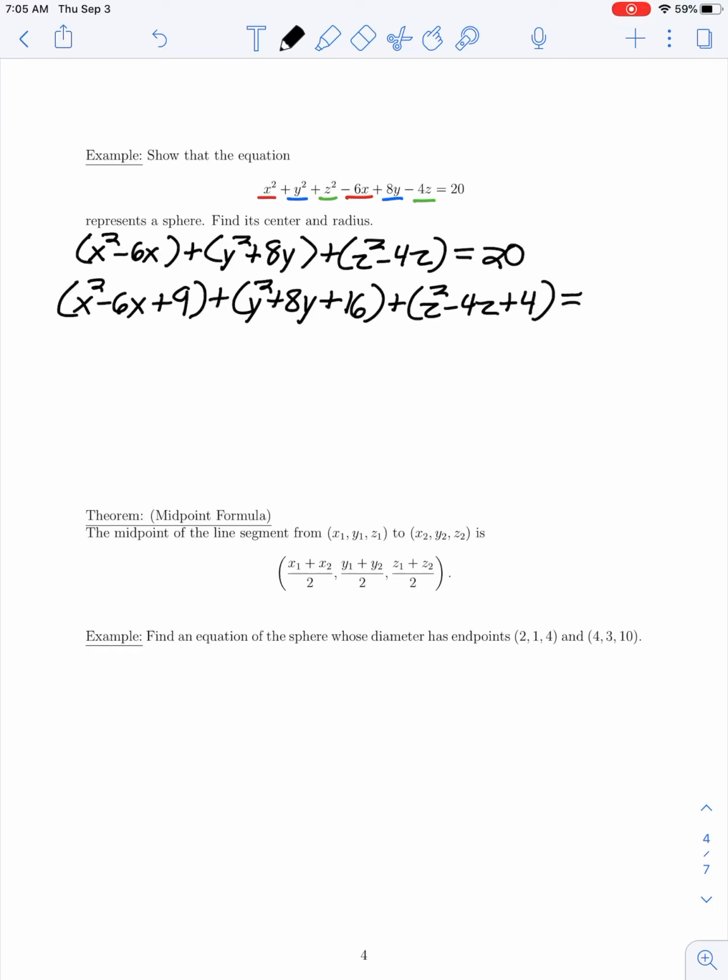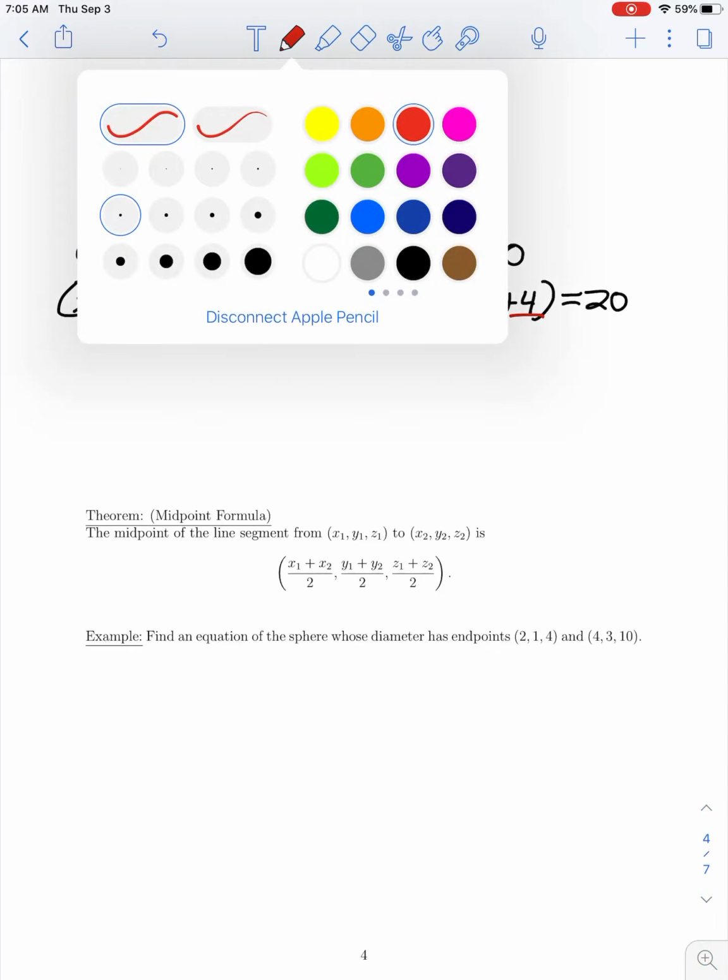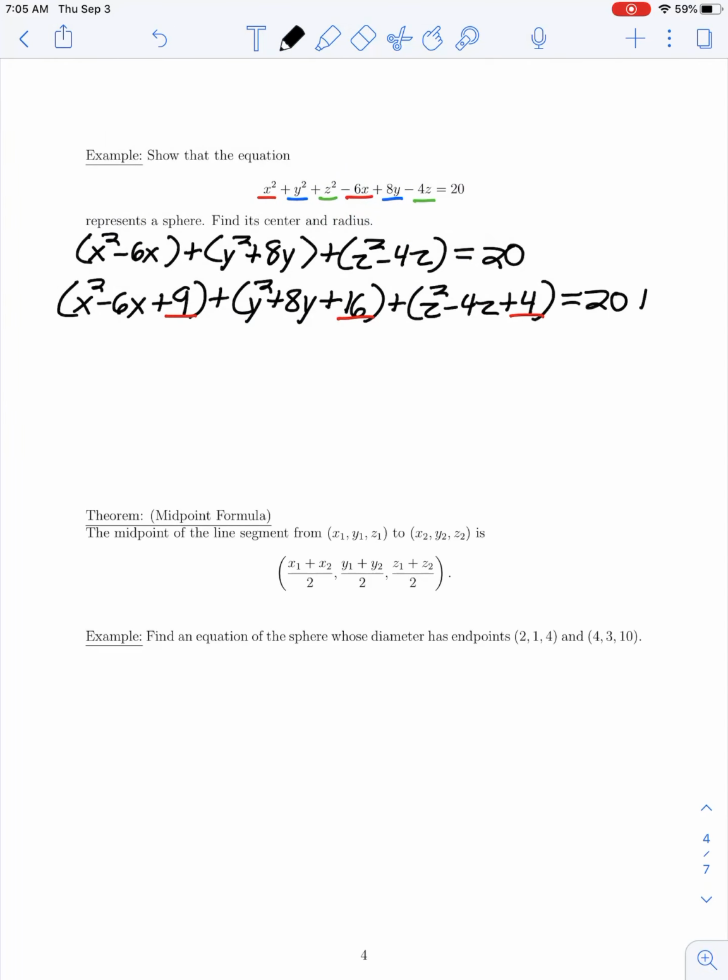Now this is equal to, well, we had a constant 20, but on the left-hand side, I added a 9, a 16, and a 4. So I added a total of 29 on that left-hand side of the equation. So in order to make this equation valid, I must also add 29 to the right-hand side. So let's see what this gives us.